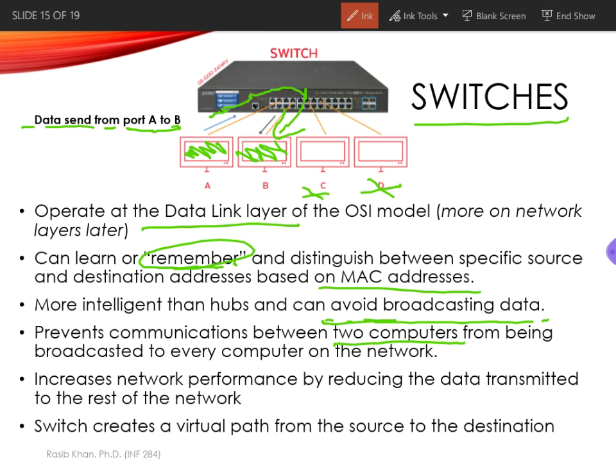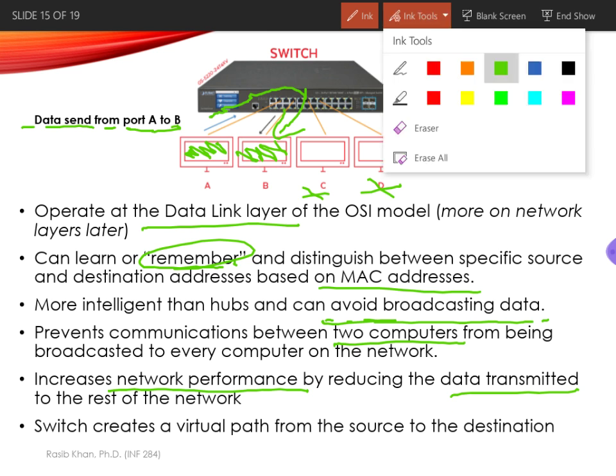This results in enhanced network performance, given that the data which is broadcast on the network is reduced. So you have more bandwidth for the other devices which are connected to the network to send and receive data.